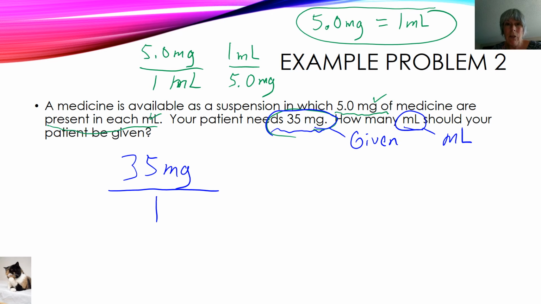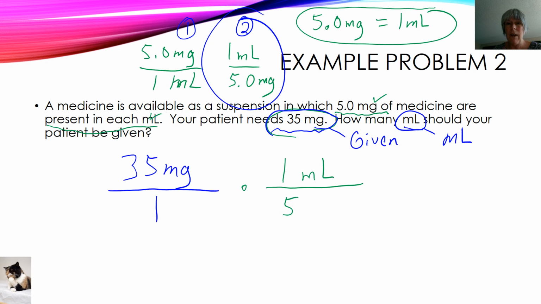Now we have 2 conversion factors we can use. We have number 1 and number 2. Which one should we use? Number 1 or number 2? If you chose number 2, you're correct. The reason I would choose number 2 is because when I write that here, 1 milliliter over 5.0 milligrams, I can see that my milligrams are going to cancel out.